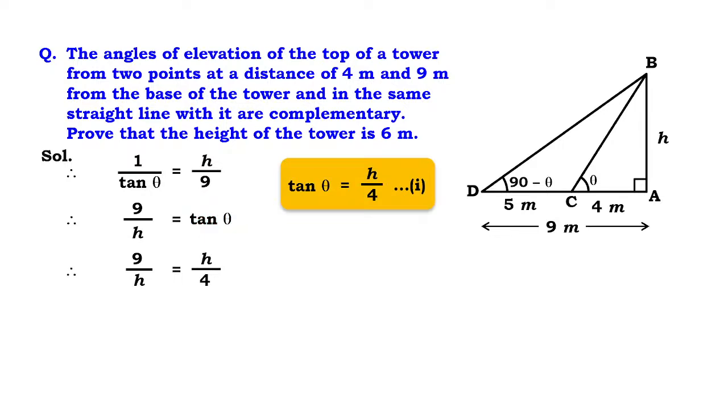Now 9 into 4, 36. H into h, h square. So what is the square root of 36? 6. Plus 6 or minus 6? Square root of 36 is two values, plus 6 and minus 6. You cannot take minus 6 because the height of the tower will not be in minus. So what is the value? 6. So did you prove that the height of the tower is 6?